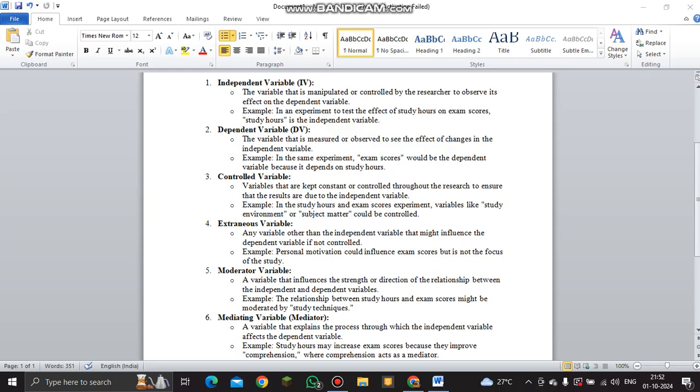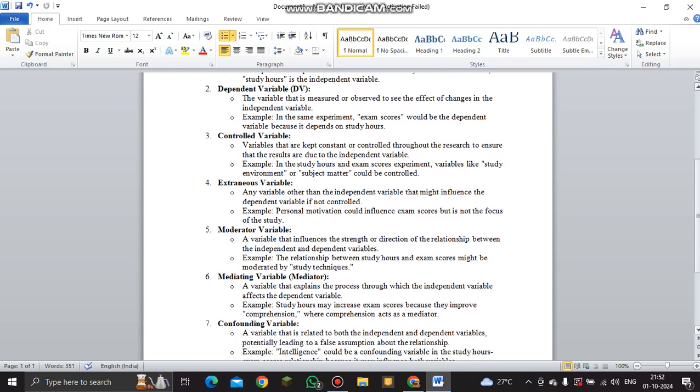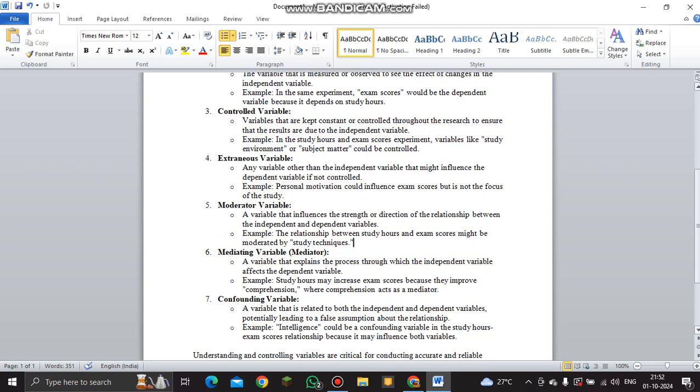Study hours may increase exam scores because they improve comprehension, so comprehension acts as a mediator variable, right friends? Confounding variable, this is the most important variable. Many questions came in last year's UGC NET examination.